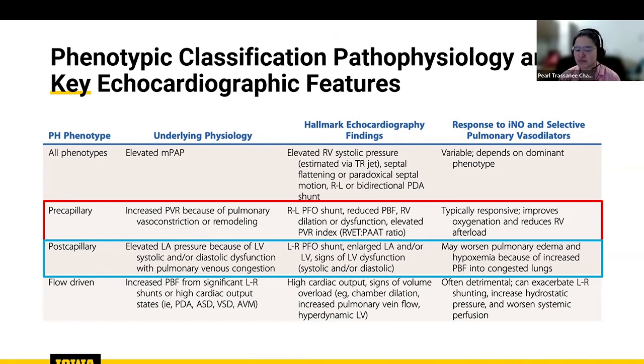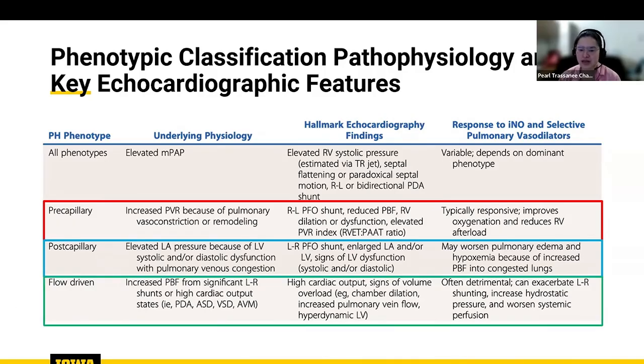If we lower pulmonary vascular resistance and increase pulmonary blood flow into an already congested pulmonary venous system, pulmonary edema and hypoxemia may worsen.